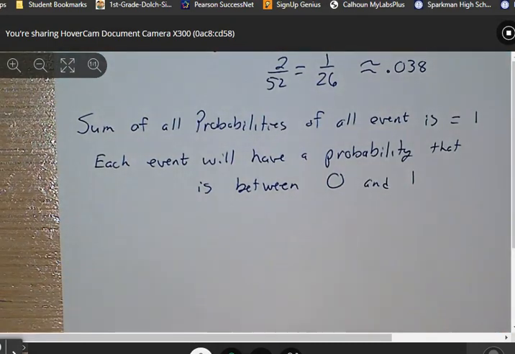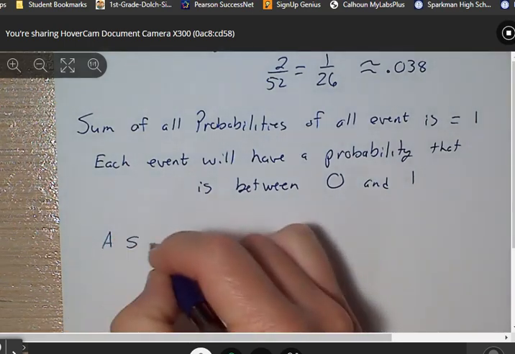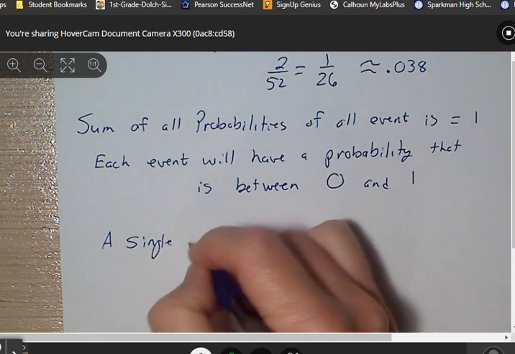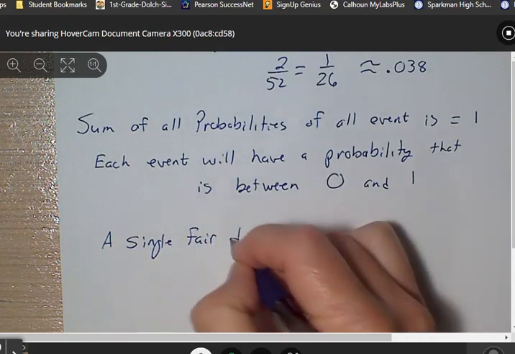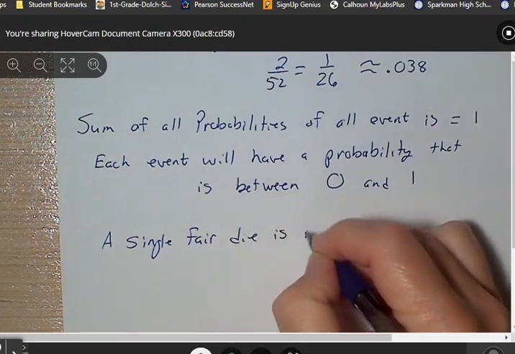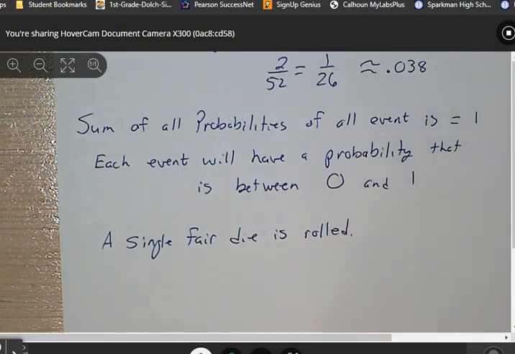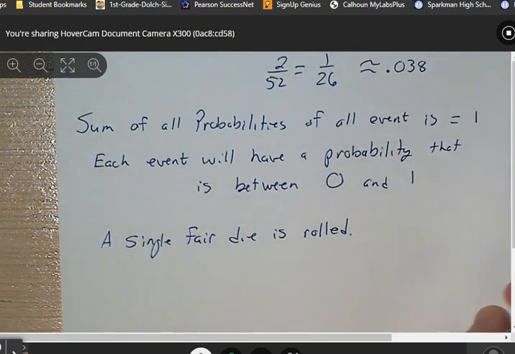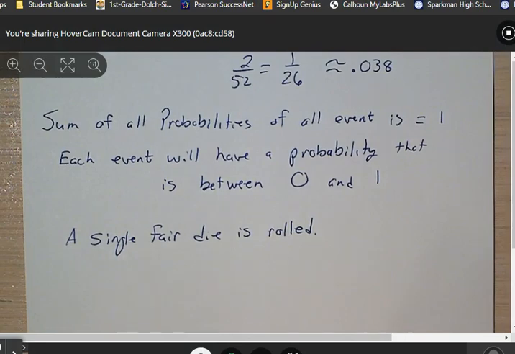Let's say we're talking about still rolling a die in this case. They like to tell you on these questions, when they talk about the die, that it's one single fair die. It's not using some loaded dice.